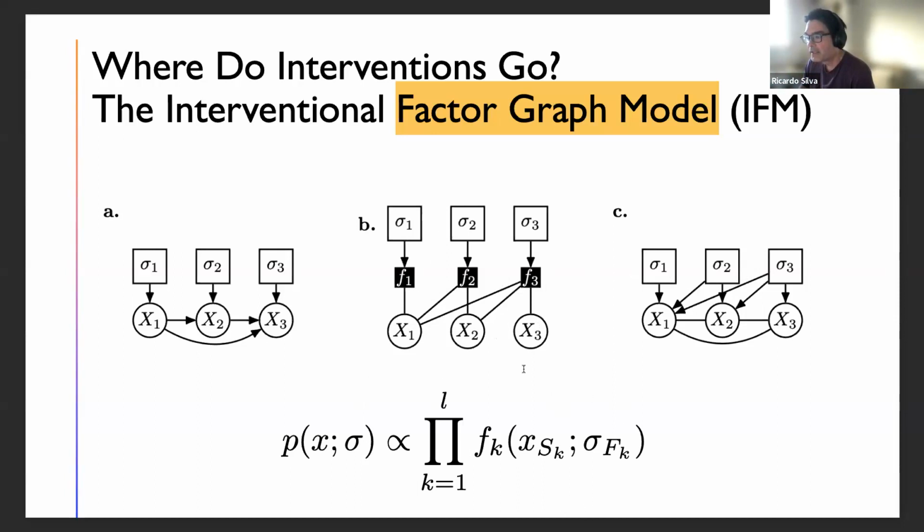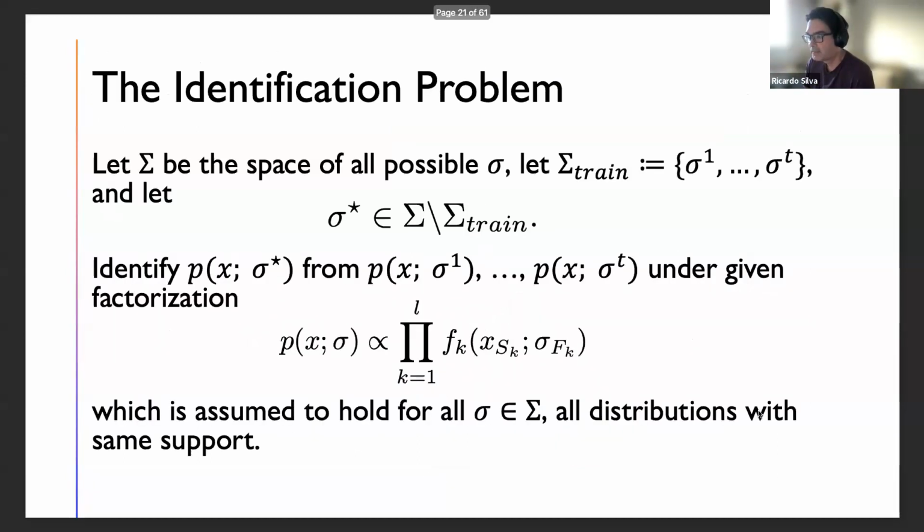This formula is very standard when you describe an energy-based model, just here explicitly indicating that each factor can switch to a different composition based on the status of these intervention variables. So the identification problem here can now be described in terms of identifying densities that have this shape, which includes the energy-based formulation.